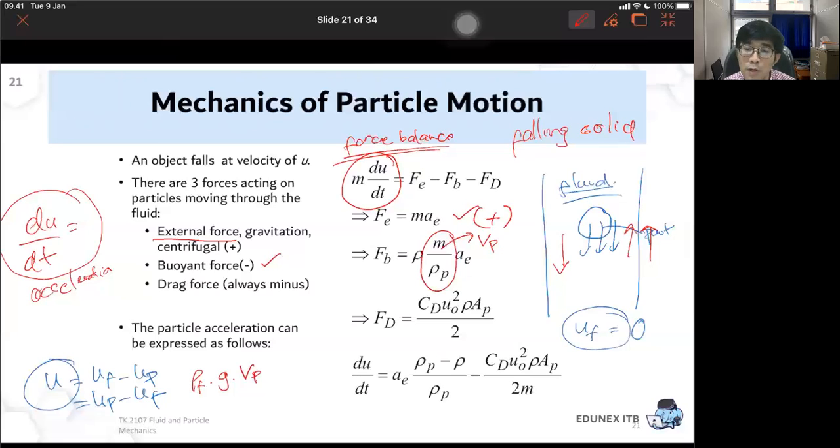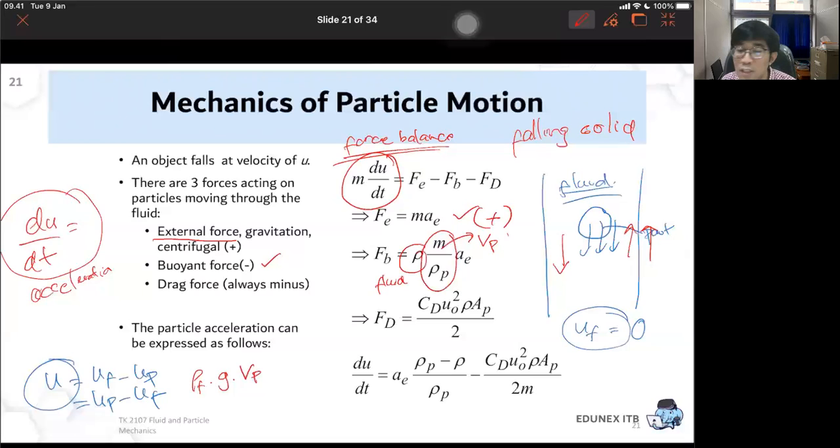So the buoyant force is the density of the fluid times the volume of the particles times the acceleration. If the acceleration is gravitation, then you change a to g.